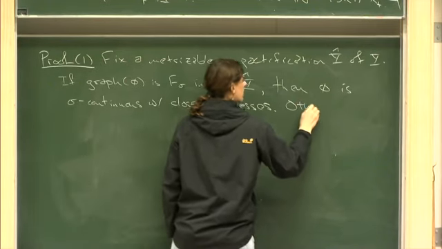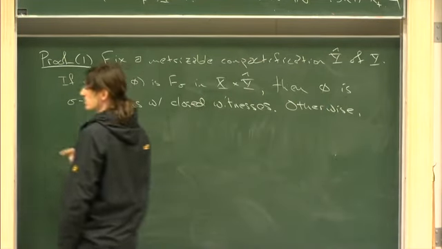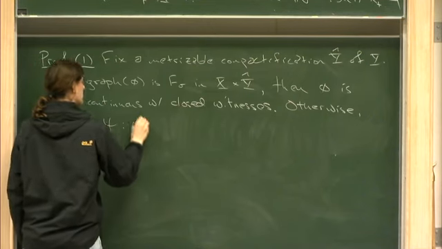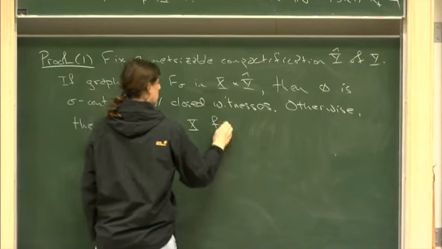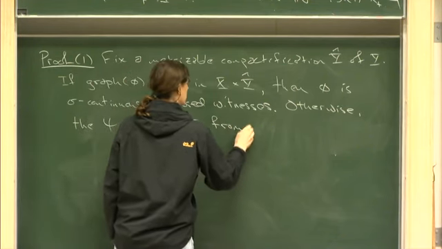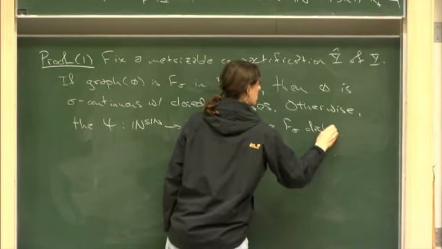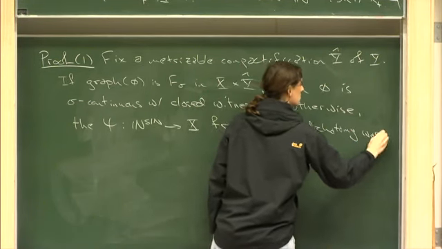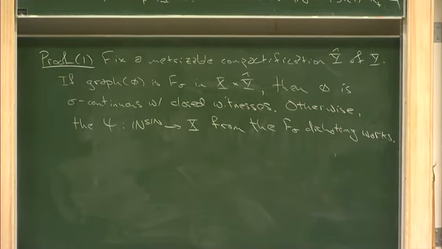And then otherwise, the function C from the F sigma dichotomy is all you need. Okay. So that's a simple proof.